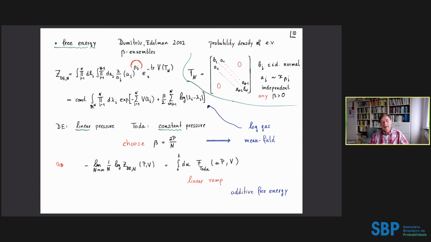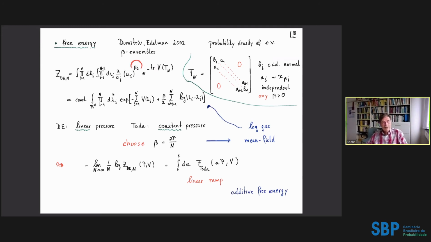Now what Dumitriu and Edelman tell me, so this is a very complicated formula, I have no idea what to do, but what they discovered in a totally different context, which I cannot go into, is that they are able to compute the volume element. They can make the transformation from the A's and B's to the eigenvalues and other parameters which are integrated out. And the final thing they find is actually quite simple.